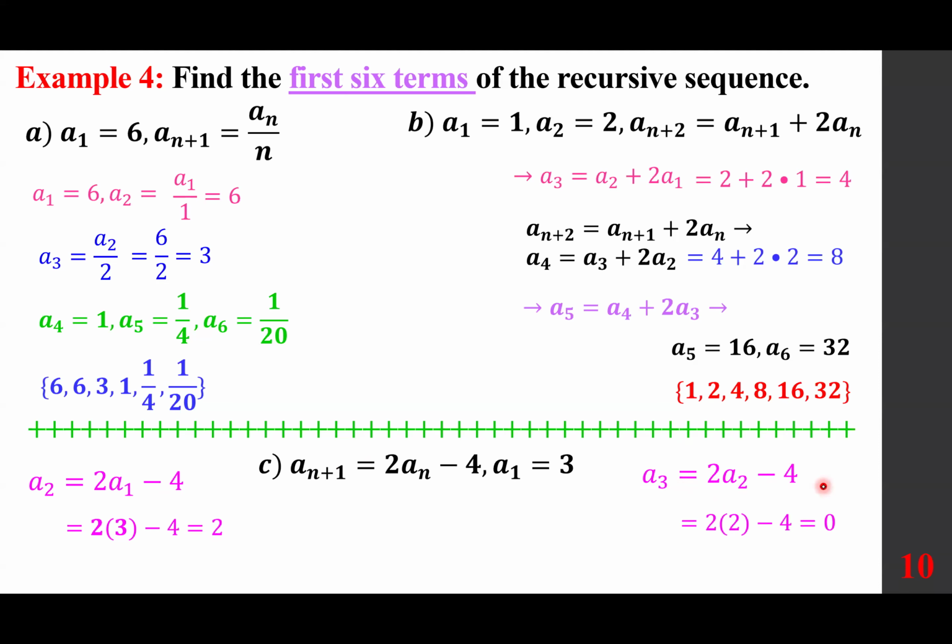So if I want a sub 4, that means n plus 1 is 4. I want 2 a sub 3 minus 4, which makes it 2 times 0 is 0, minus 4 is minus 4. Okay.